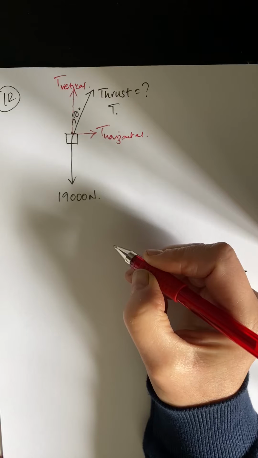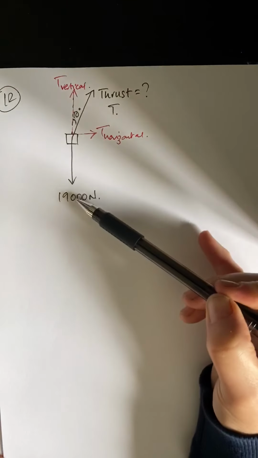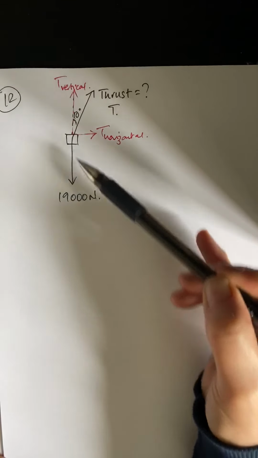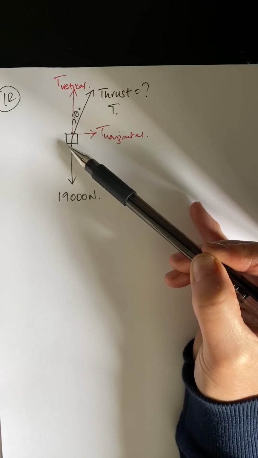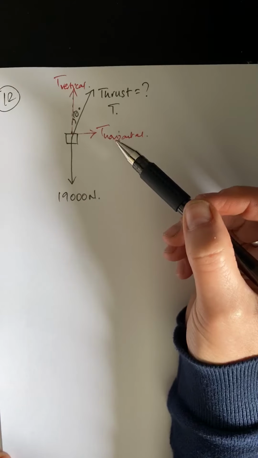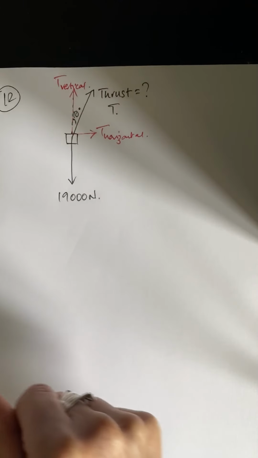We are also told that the vertical component is equal to the weight, and that must mean there's no resultant force and the helicopter isn't accelerating upwards or downwards. It's either stationary or potentially at constant velocity.